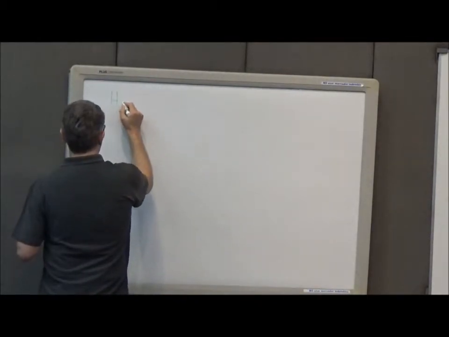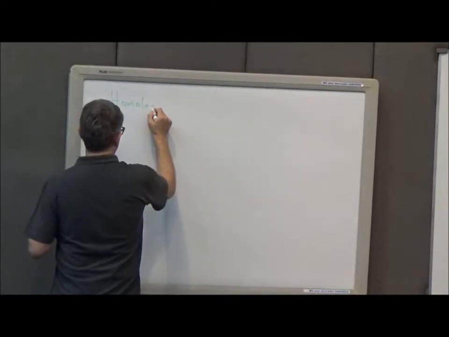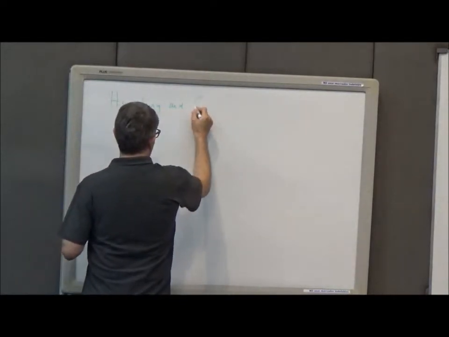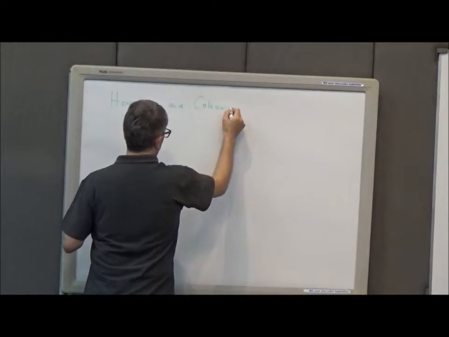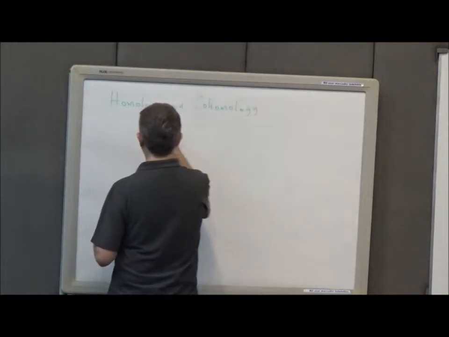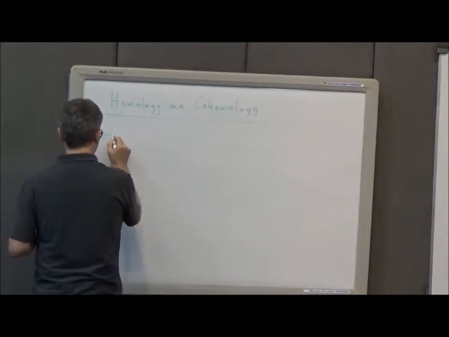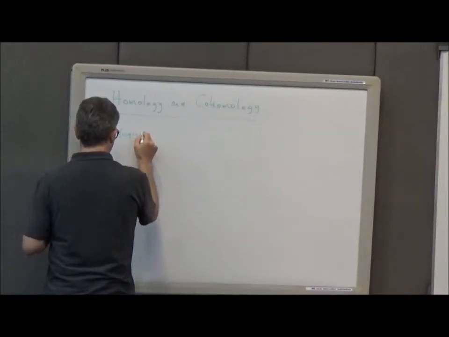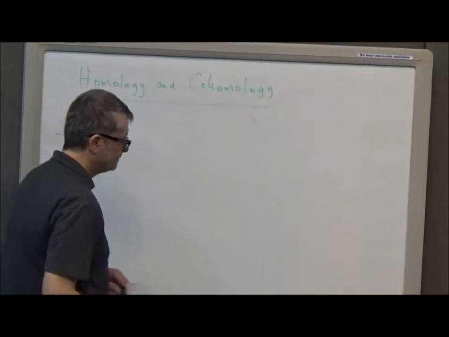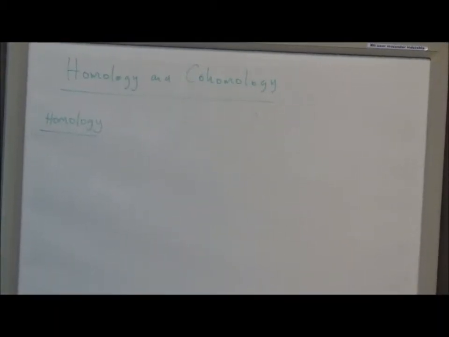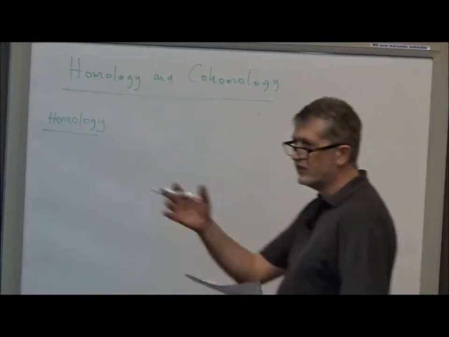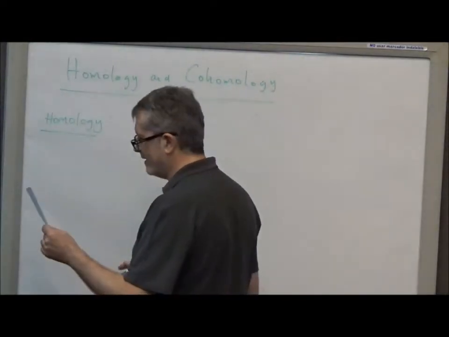So this part is called homology and cohomology. All right. And I'll start with homology. Okay. So as usual, X is our nice manifold, etc., compact.